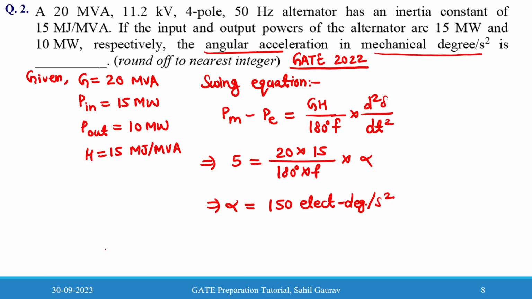So you know that theta m is equal to 2 divided by p theta electrical. So you can write alpha is equal to 2 divided by p into 150 electrical, sorry, mechanical degree per second square.